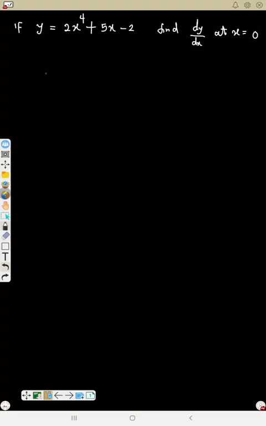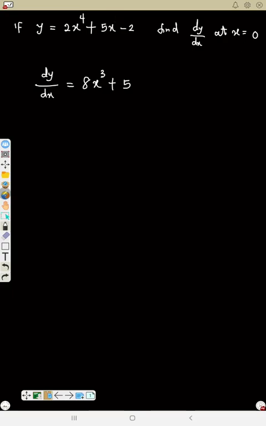So that means I'll first say dy over dx is equal to, I'll first differentiate. So 2 times 4, that will be 8x raised to power 3 plus 5. Hope you get that now, because the power here is 1, so we just say 5.